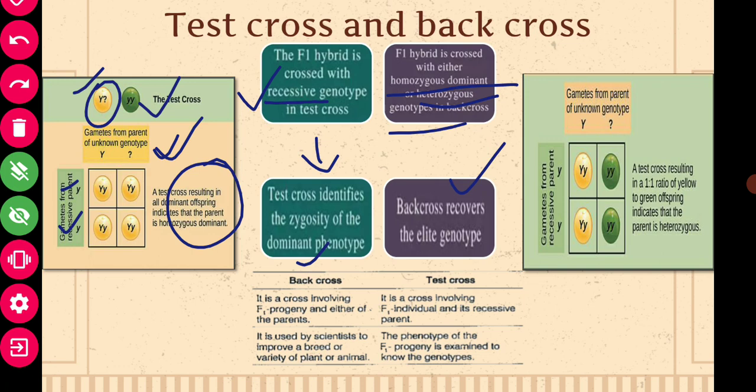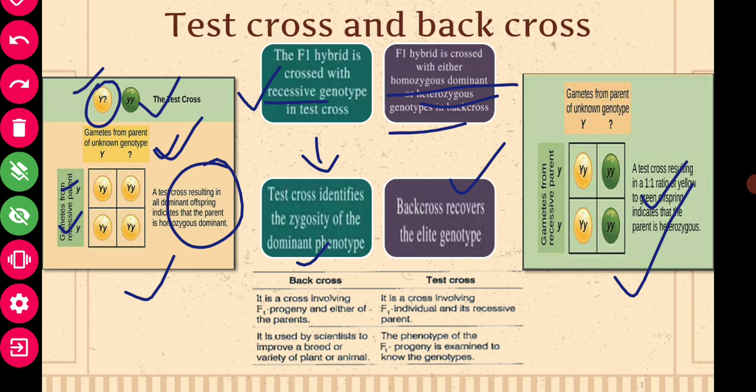But if it is in the ratio of 1:1, that means the parent was heterozygous dominant. So in this way we can differentiate between test cross and back cross. Hope this difference between test cross and back cross and its application is clear to you.